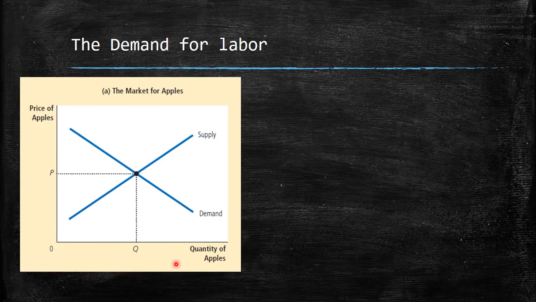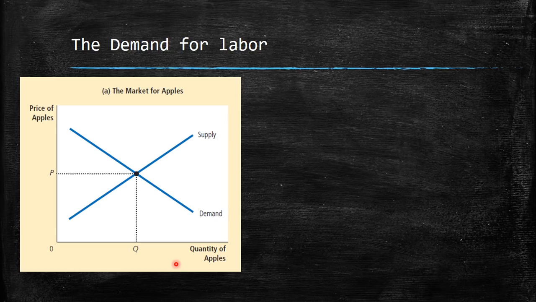Here we have a normal graph for supply and demand. We will discuss the example we will use throughout the chapter: the market for apples, with the price of apples on the y-axis, measured in dollars.